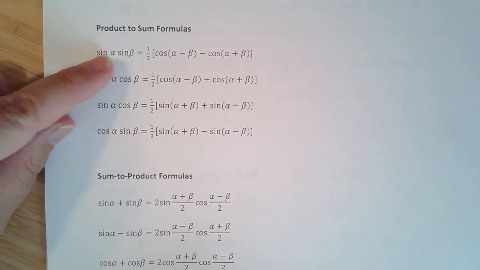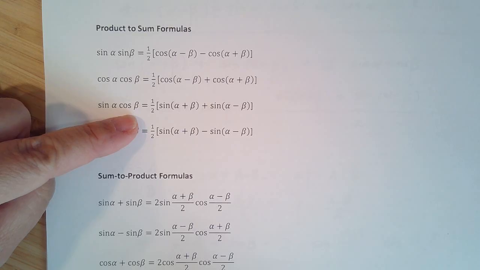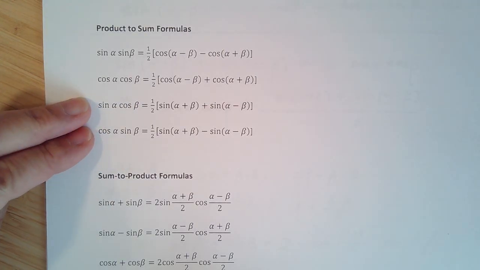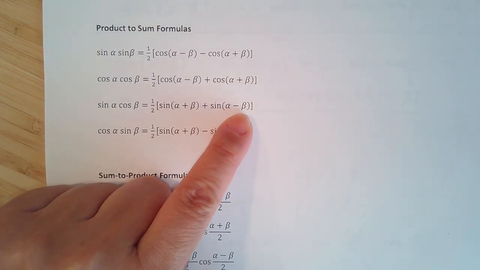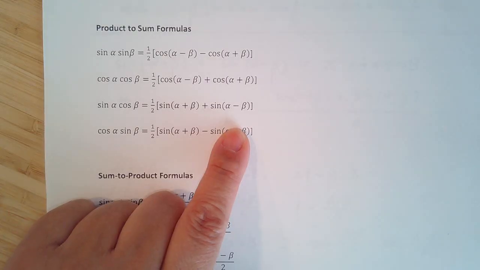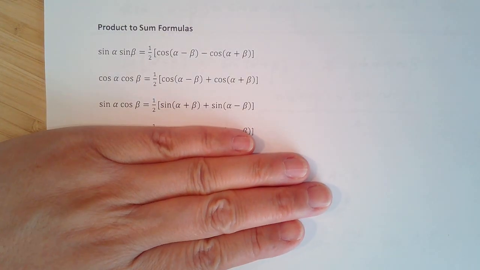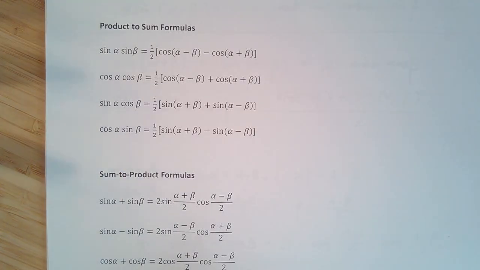You need to know it's a sine by sine, cosine by cosine, or sine by cosine. And these two are very similar. It should be the same thing, just switch alpha and beta. And then here, because you have a minus beta, this becomes beta minus alpha, so that's why it's negative. So you can just remember one of these instead of two. But if you like, you can also remember all of those.